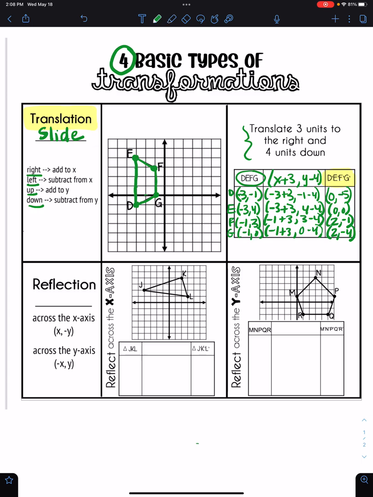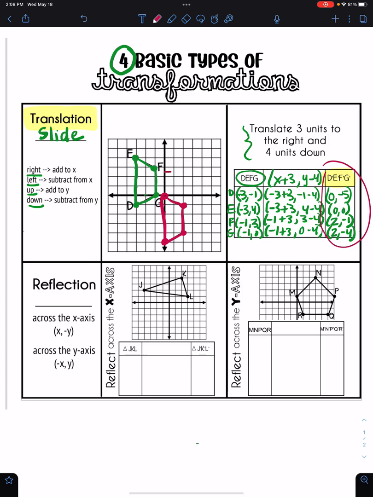Let's draw it. Let's use a different color, and I'm going to draw these points. So I have 0, -5, 1, 2, 3, 4, 5. I have 0, 0. I have 2, -1, and I have 2, -4. So it should be the same shape, the same size.